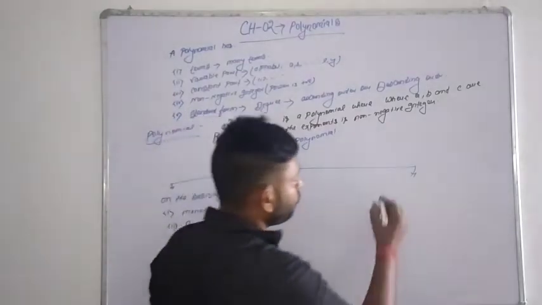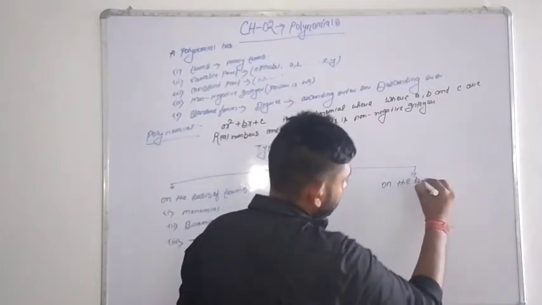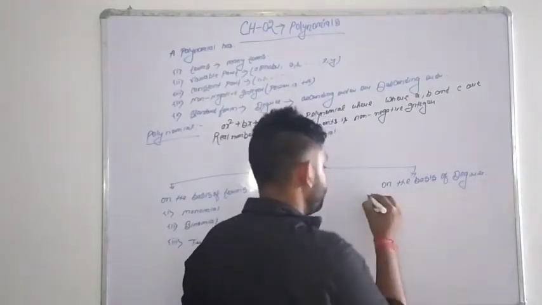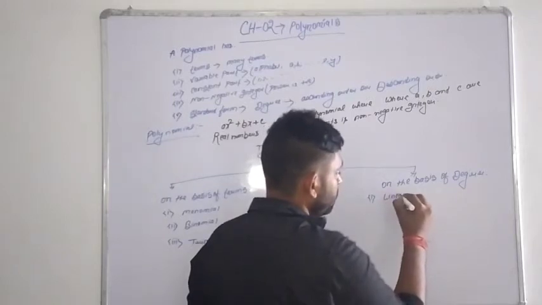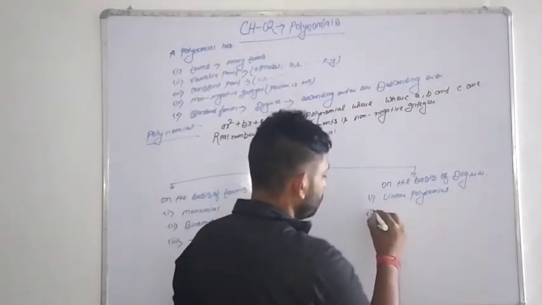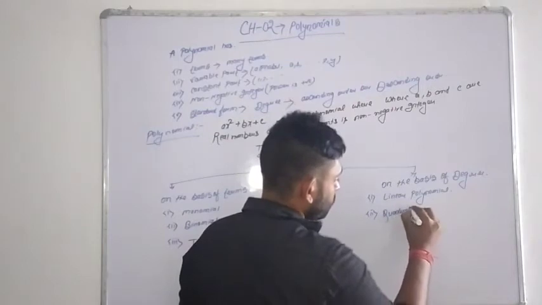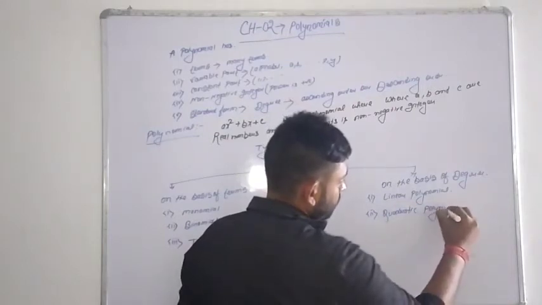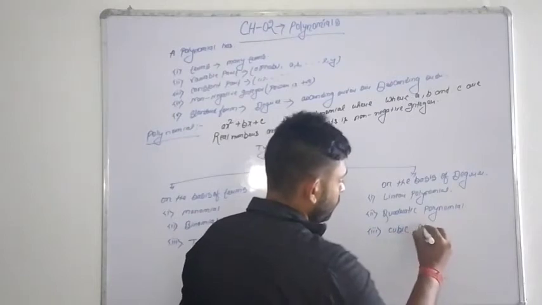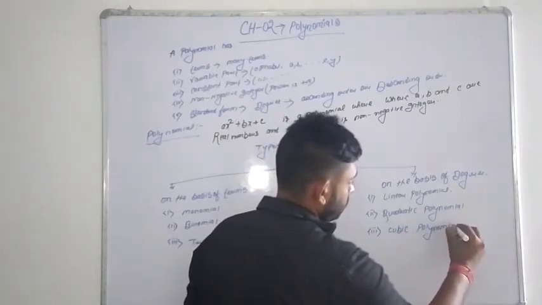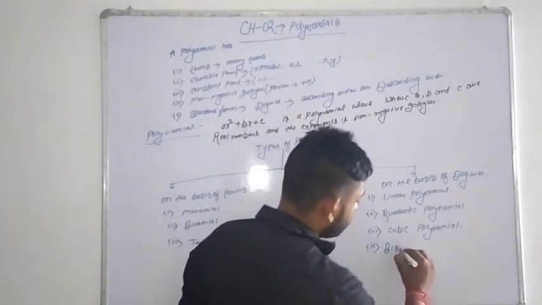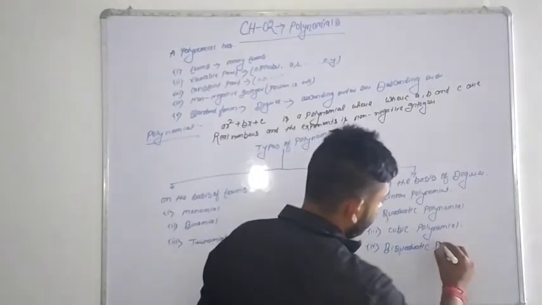And on the basis of degree: number 1, linear polynomial; number 2, quadratic polynomial; number 3, cubic polynomial; number 4, biquadratic polynomial.